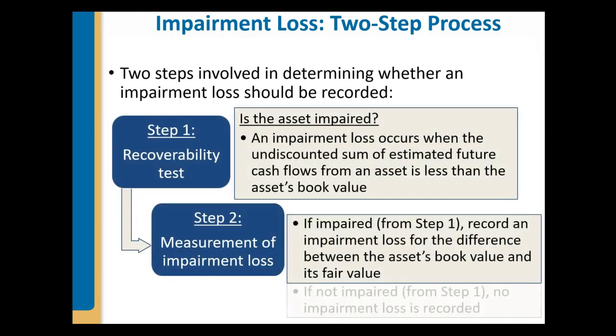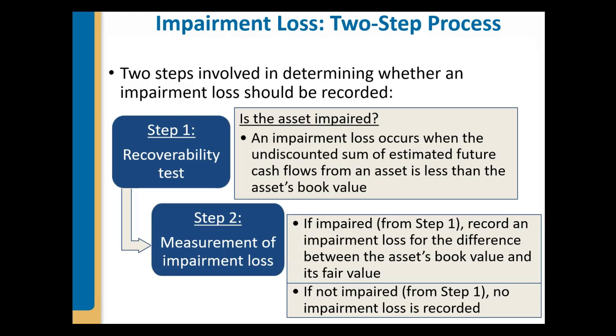So in determining whether an impairment loss has occurred and how much to record, we have a two-step process. The first step is a recoverability test. An impairment loss occurs when the undiscounted sum of estimated future cash flows from an asset is less than the asset's book value.